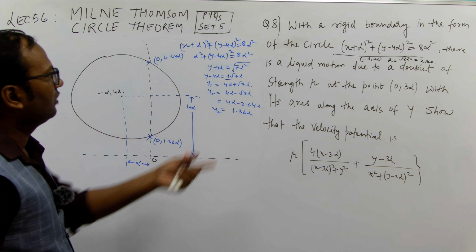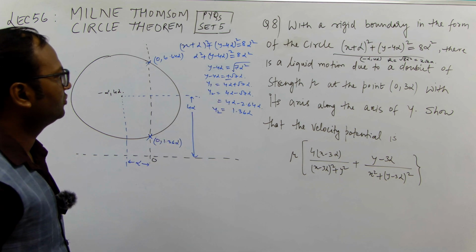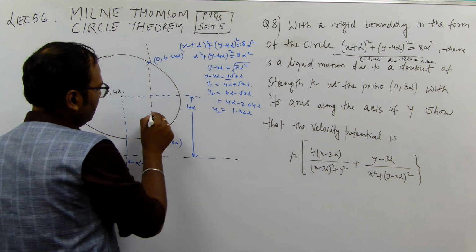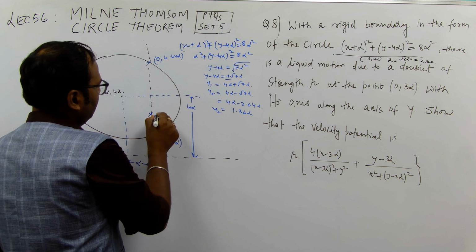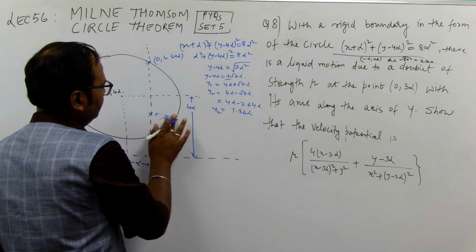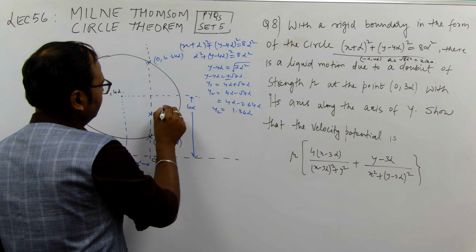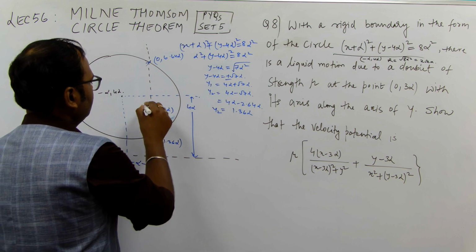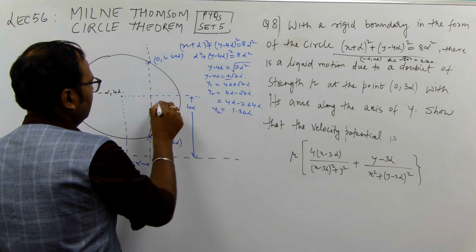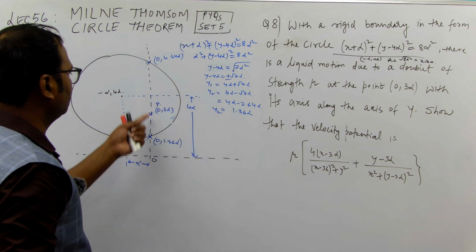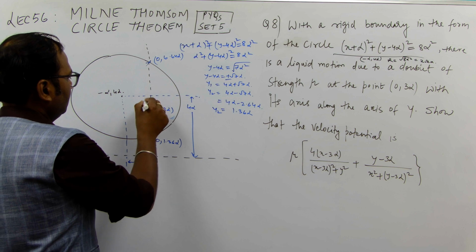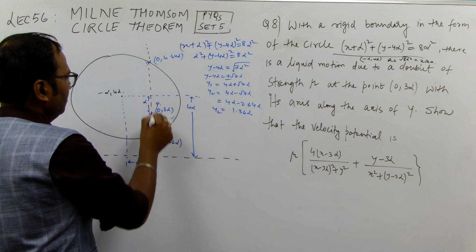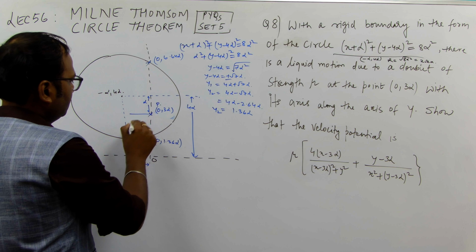Our doublet is at the point 0, 3 alpha, which will be somewhere here. This is the position of the doublet. Let us consider this point as P. It is at a distance of alpha from here, and this distance is 3 alpha.